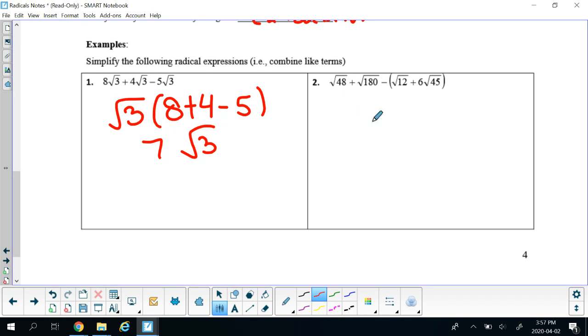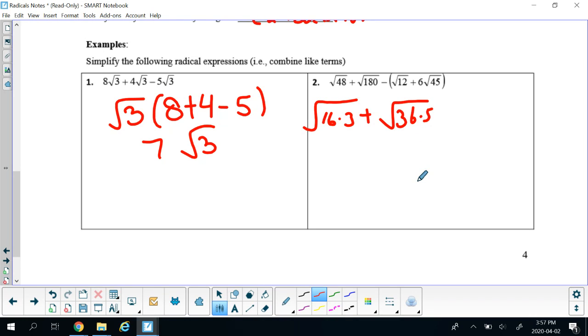So square root of 48 can be written as 16 times 3, and square root of 180 can be written as 36 times 5. I'm trying to break this radicand into a product of a perfect square and some other number. Okay, so 16 is a perfect square, and in this case, 36 is a perfect square.